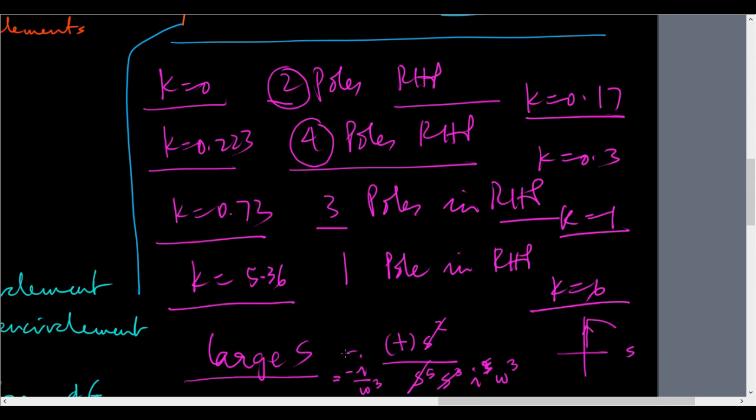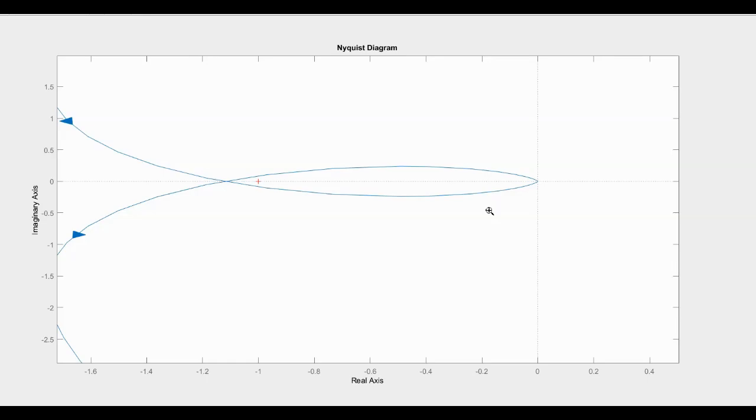So you can see that asymptotically, as I am traversing this part of the contour on the G plane, I am coming to the origin like this. Once I know that, this means I am traversing like this. This arrow is a bit misleading. That means it is a counterclockwise traversal.